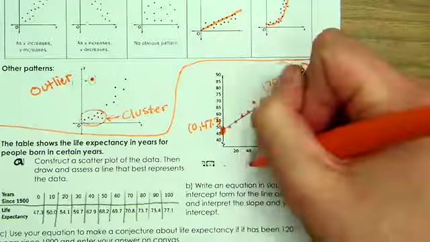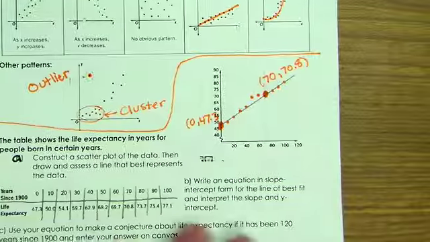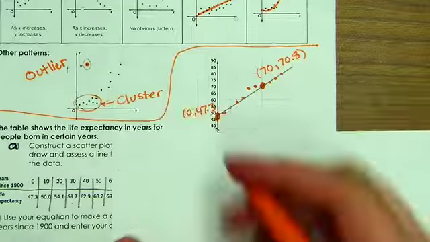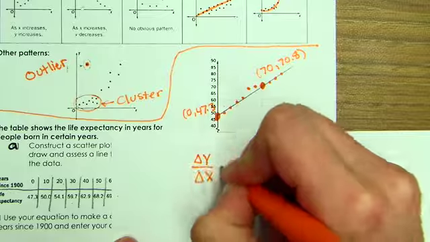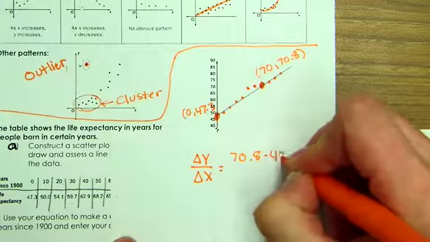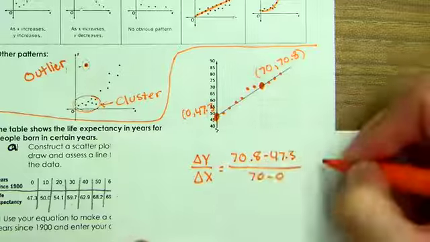So our change in y, I'm going to do this on a scratch piece of paper. Our change in y over our change in x, we'll do 70.8 subtract 47.3 over 70 subtract 0.